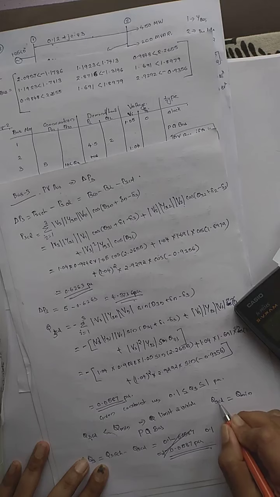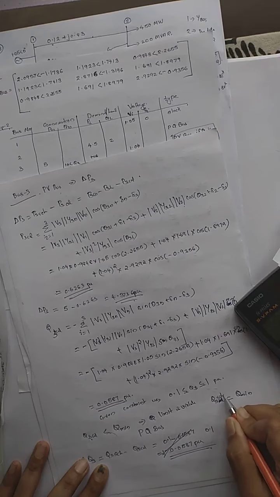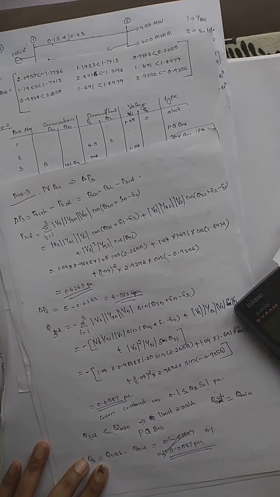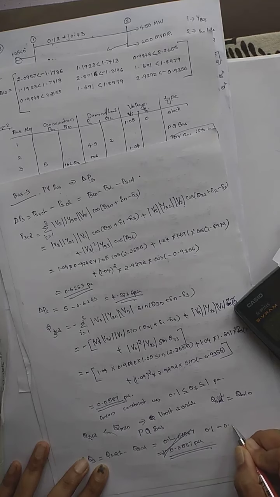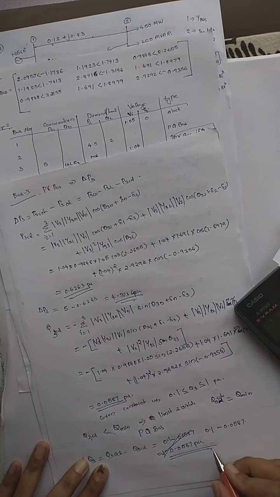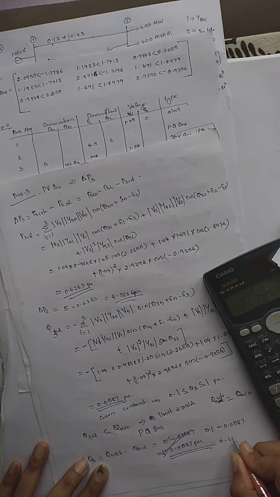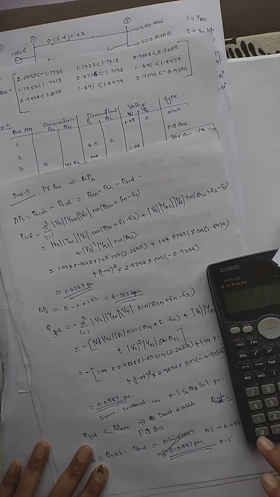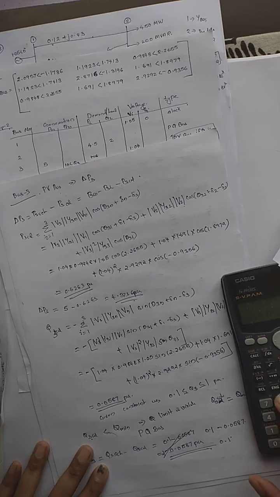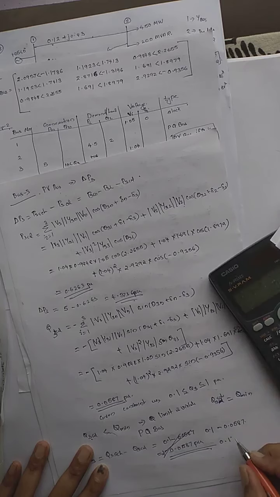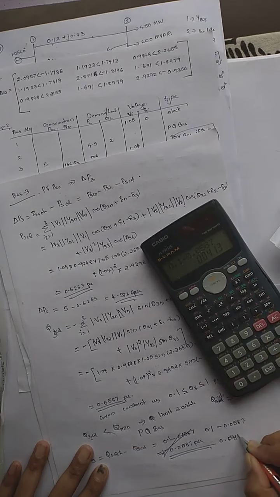Q3 scheduled, I am taking as 0.1. So delta Q3 is Q3 scheduled 0.1 minus the calculated value, minus 0.0587, so that is equal to 0.0413 per unit.